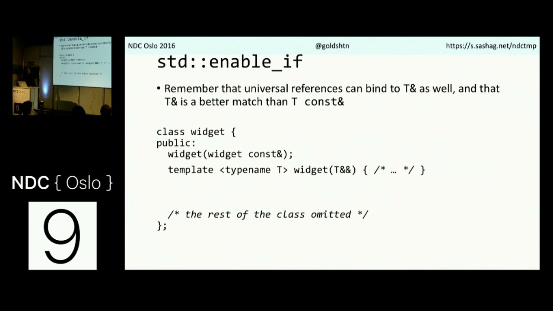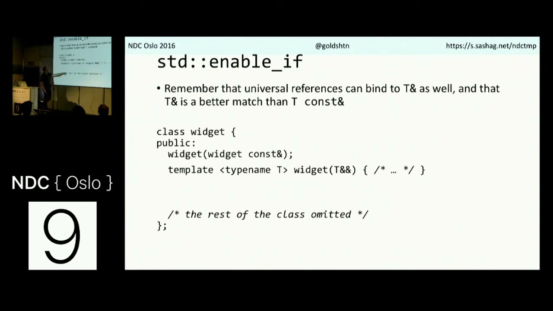An L-value reference to a widget which isn't const, then the compiler can choose between my copy constructor, which takes a const reference to a widget, and this template constructor, which was never intended for situations where T is a widget, but it would apply in that case, and it would be picked because this constructor works where the T&& actually resolves to just Widget&, to an L-value reference to a widget.